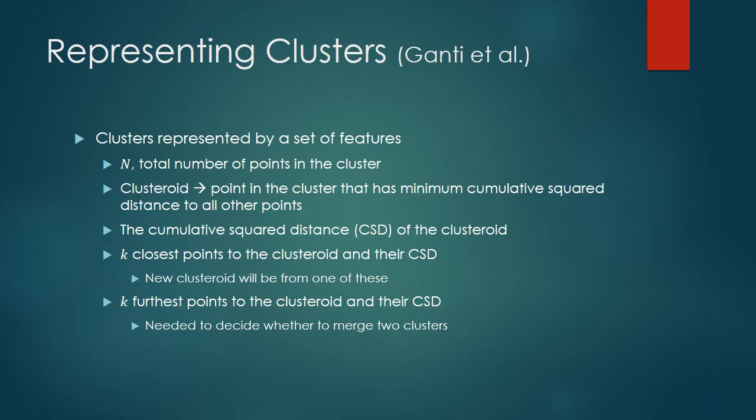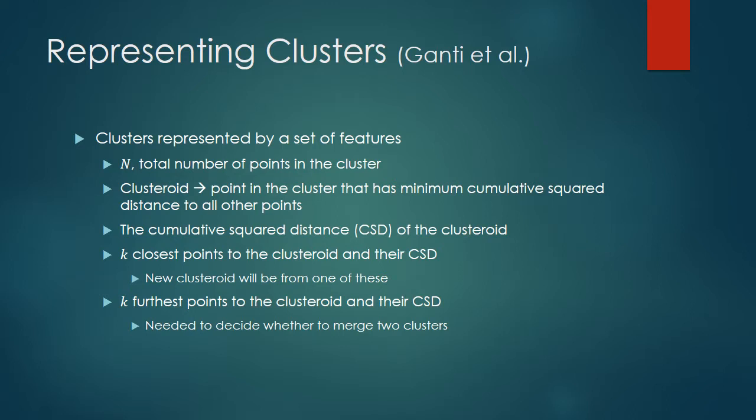So you're comparing the square distance to every other point and summing it up, and that I want to store as well. In addition, you want to store two other sets of points. You've stored the clusteroid, and you want to store the k nearest and the k furthest points in this cluster. Okay?